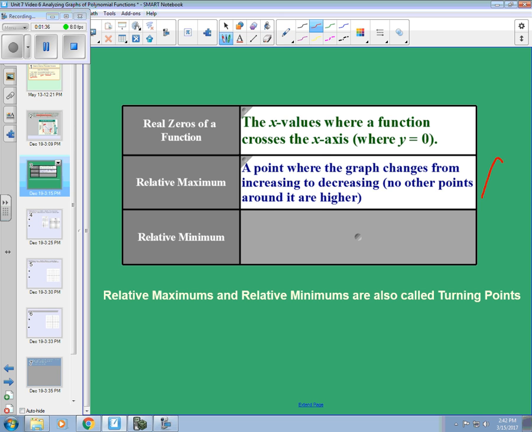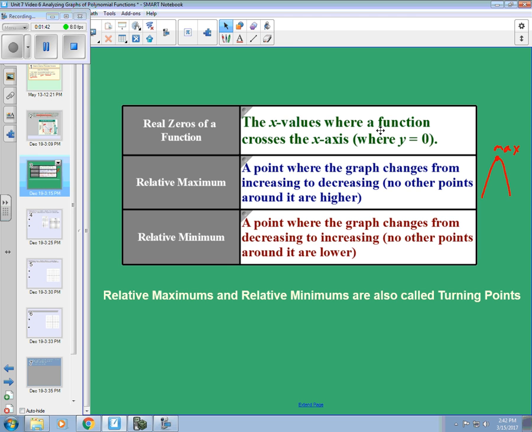Minimums are the points where the graph changes from decreasing to increasing, where it's the lowest point for all the points around it. When you talk about maxes and mins together, we also sometimes refer to those as turning points. So we're going to be looking for zeros, maximums, and minimums on the graph.